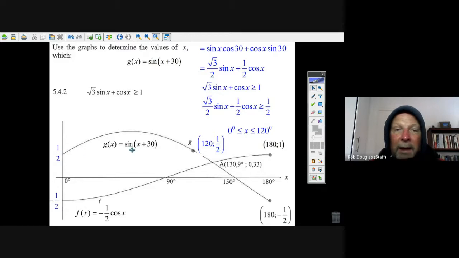Well, those are my key things because now I'm looking at the graph and the question is, when does this function g go above a half? Well, I'm looking at it in between 0 and this 120 degrees. I needed that 120 degrees there to answer the question.